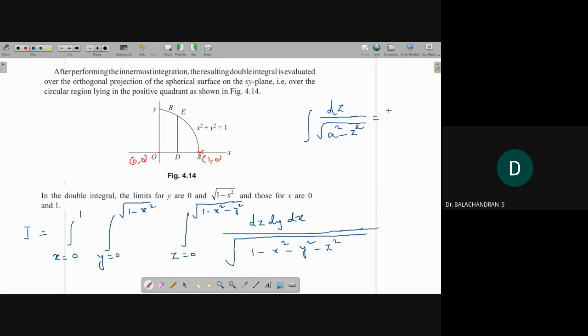Whether 1 by a will come? No. I'm asking, sin inverse of x by a will come. I know that. But Purna Chandra told me 1 by a also. That's why I'm asking.